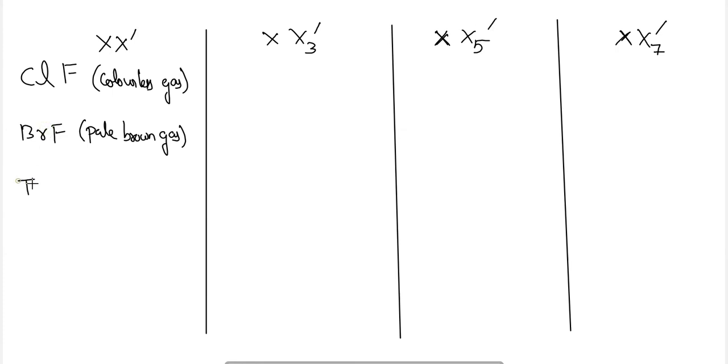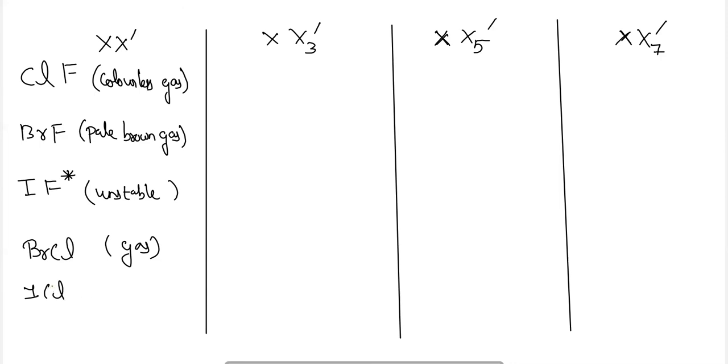Then iodine fluoride is highly unstable, and therefore we will add a star here to show its instability. BrCl, bromine chloride, is also a gas. And next is iodine chloride, ICl, which is a ruby red colored solid.